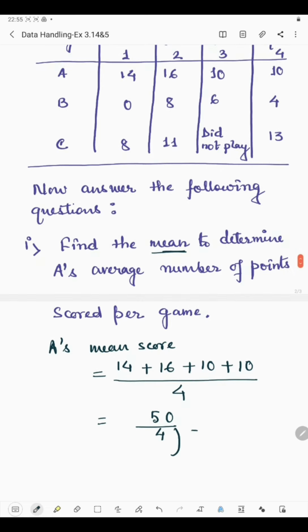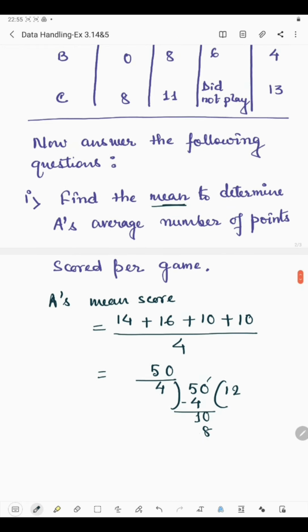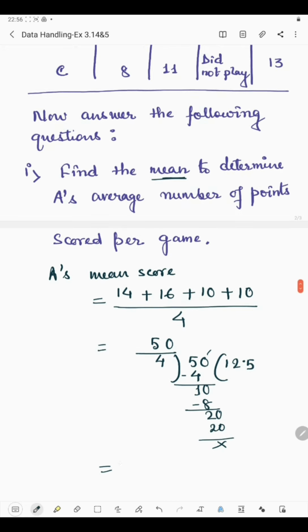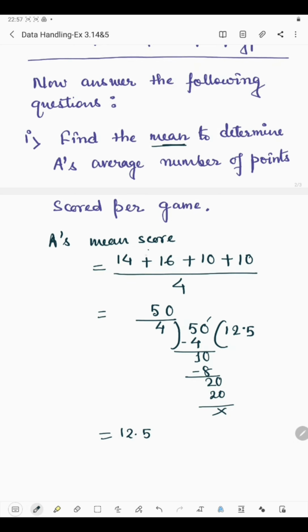If you divide this, then we get 4 ones are 4, 5 minus 4 is 1. Now 0 comes down, 4 twos are 8, 10 minus 8 is 2. Now take the decimal here, because of the decimal we get 0, so 4 fives are 20. So A's mean score is 12.5.